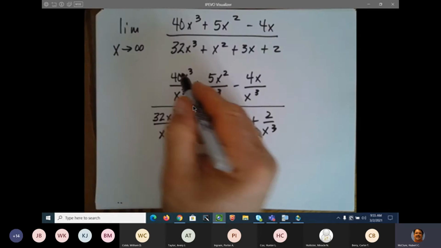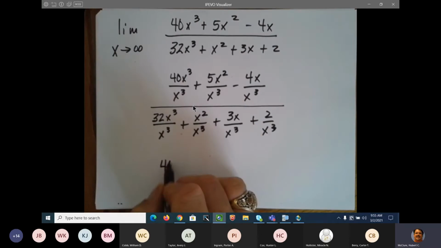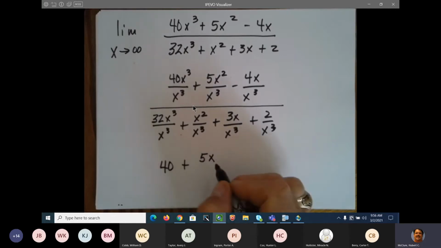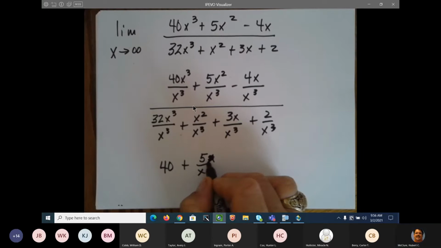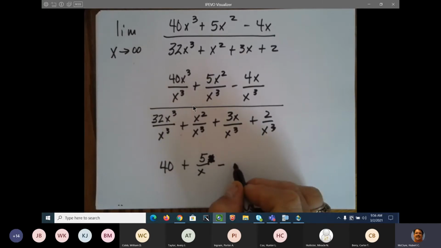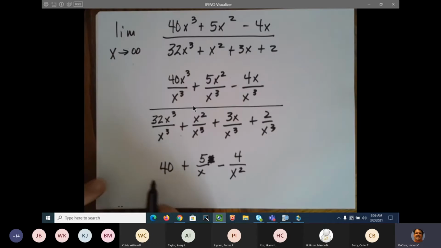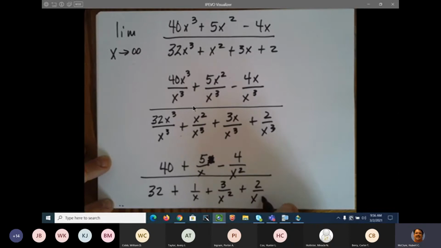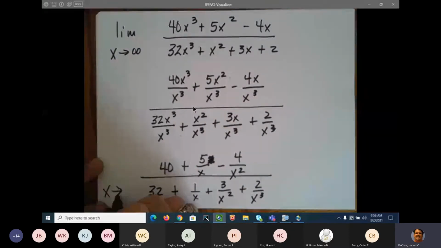And that's going to leave me with 40 plus 5 over x, sorry, minus 4 over x squared, over 32 plus, that'd be 1 over x plus 3 over x squared plus 2 over x to the third as x approaches infinity.